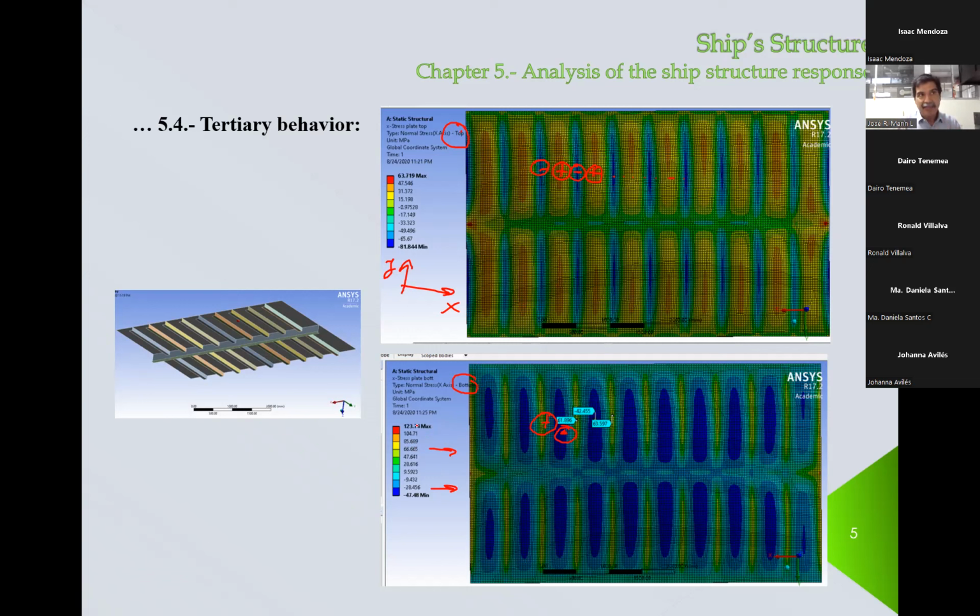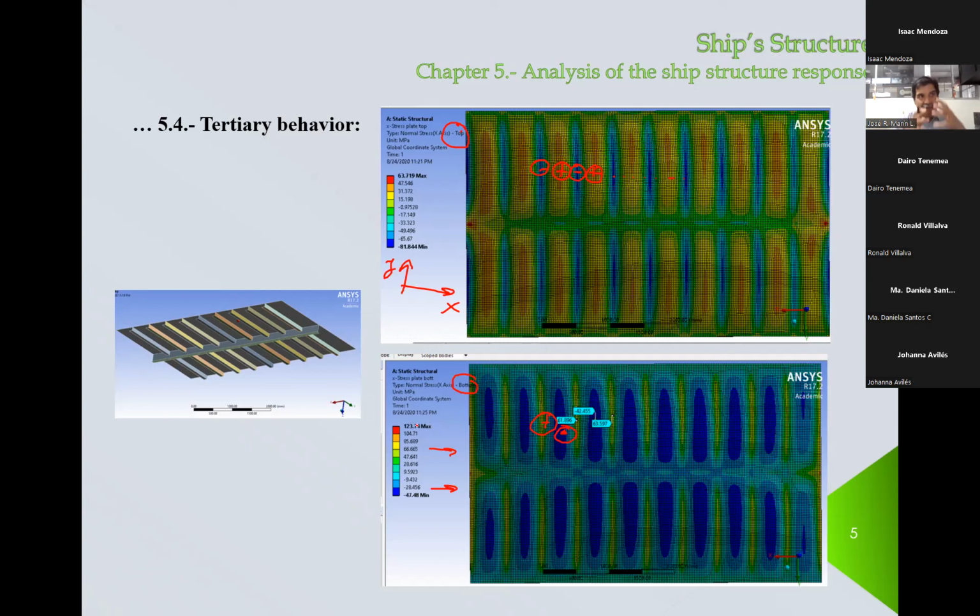If you had a completely clamped plate, you would have that on the edge, the stress would be twice the value at the center of the plate. Not in this case. Why not? Because there is a redistribution, because the stiffeners, which are on the edge of the plate, they also rotate. If they rotate, that means that the edge is not clamped.